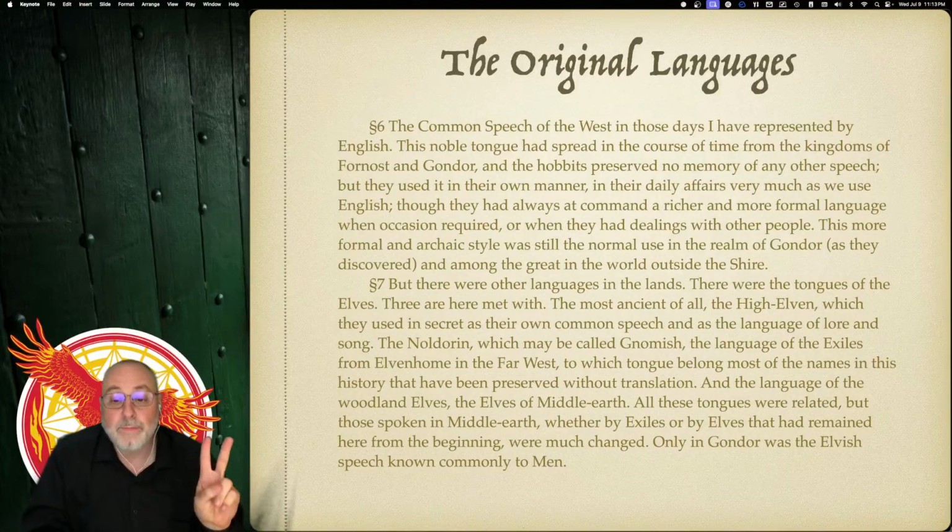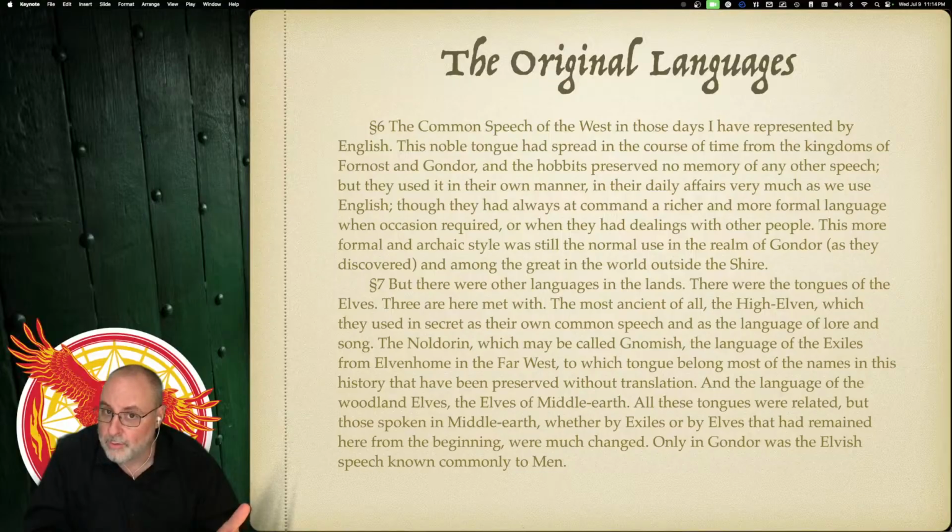Second language, which may be called Gnomish, the language of the exiles from Elvenhome in the far west, to which tongue belong most of the names in this history that have been preserved without translation. Sindarin, right? Certainly it is to Sindarin that most of the names in this history that have been preserved without translation belong.